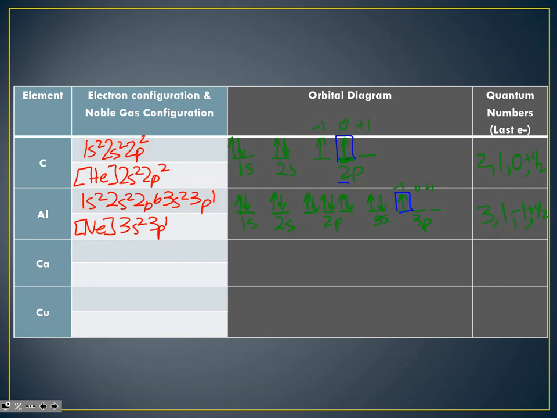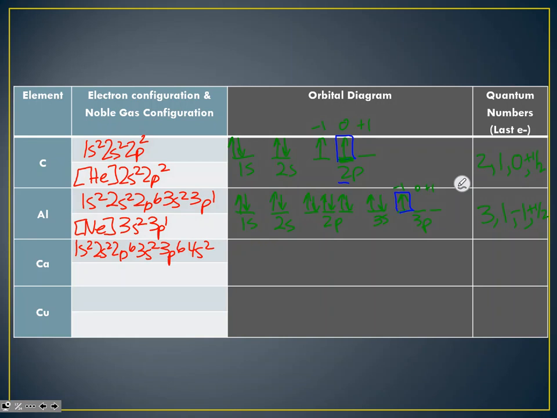Try calcium real quick. See if you can do it. Where does calcium's electron configuration end? It ends on 4s2, I agree. So I'm just going to write it all down: 1s2, 2s2, 2p6, 3s2, 3p6, 4s2.